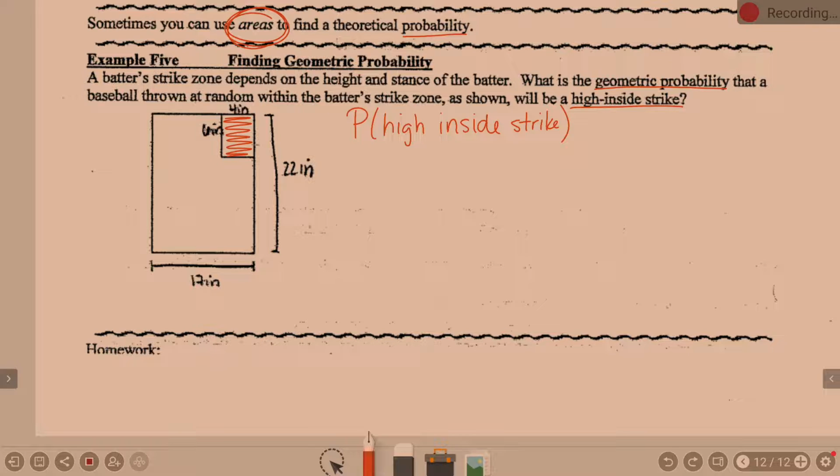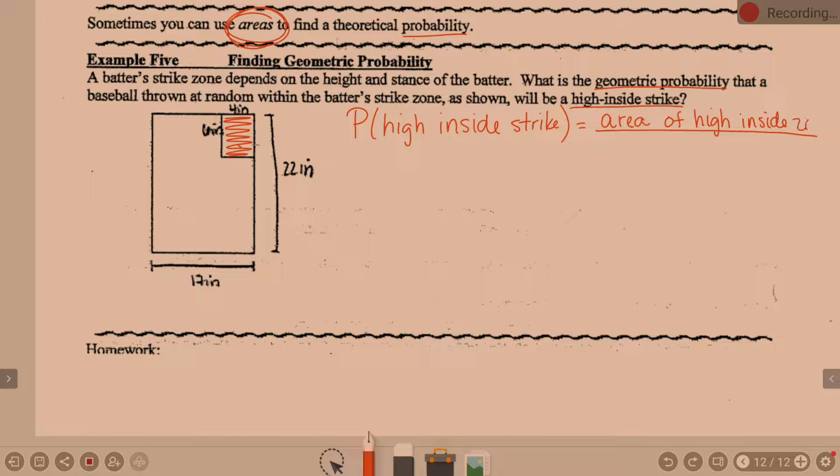Okay. Now, with that in mind, we want the probability of a high inside strike. I already mentioned that we're going to use what to figure this out? Area. Okay. So when you talk geometric probability, you use area. So on top, we're going to be doing the area of what? The area of the high inside zone.